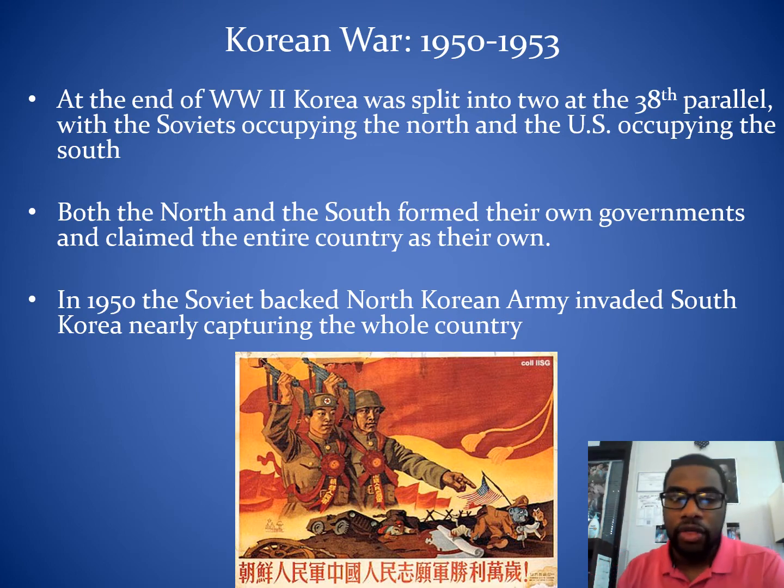Both the north and the south formed their own governments and claimed the entire country as their own. In 1950, the Soviet-backed North Korean army invaded South Korea, nearly capturing the whole country.